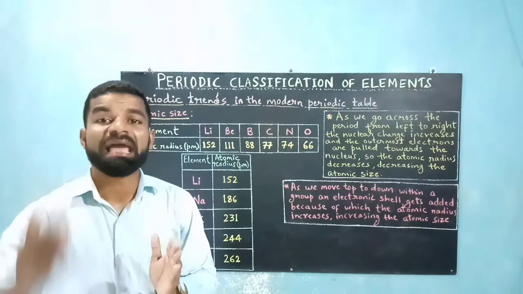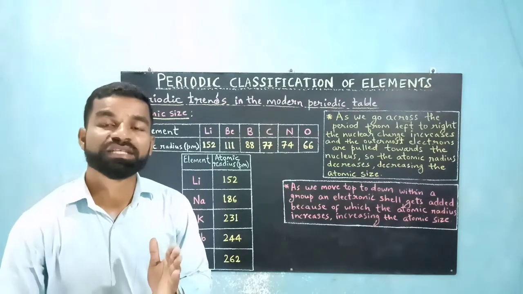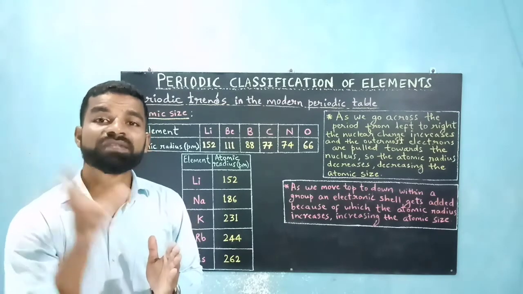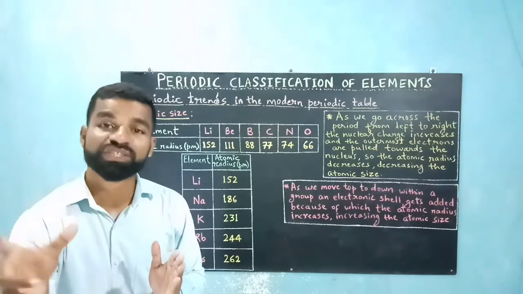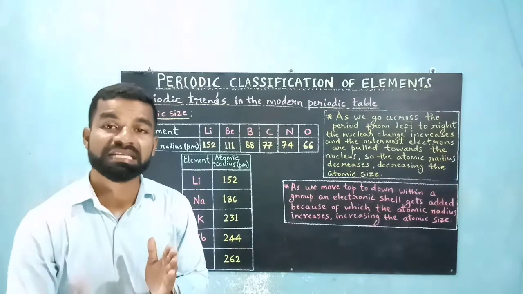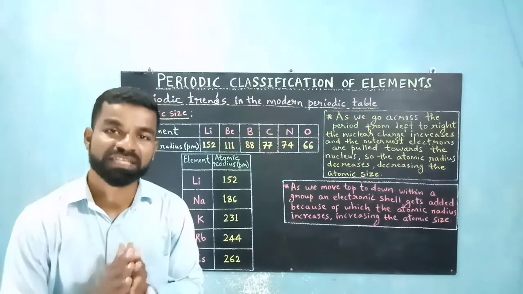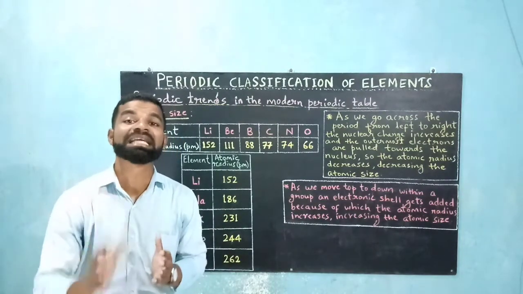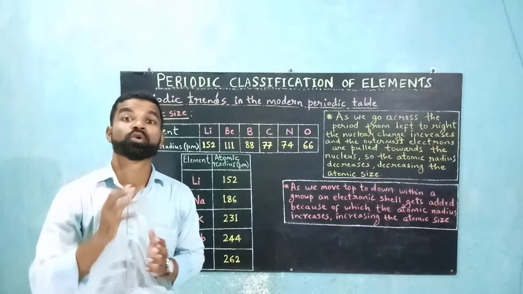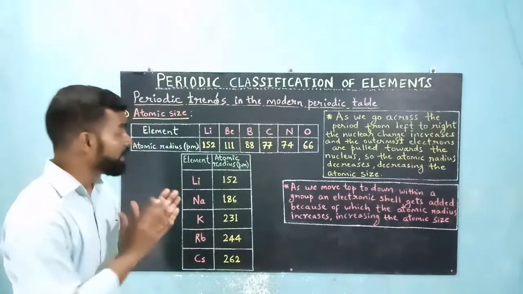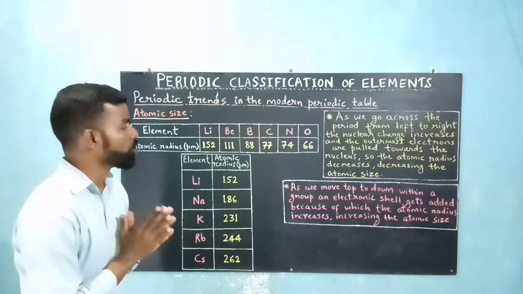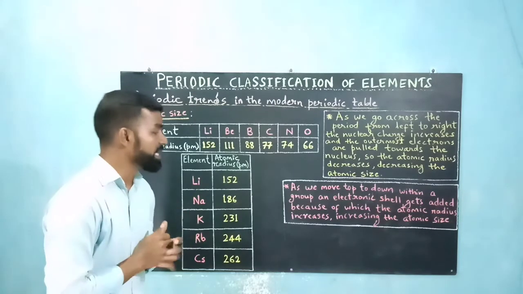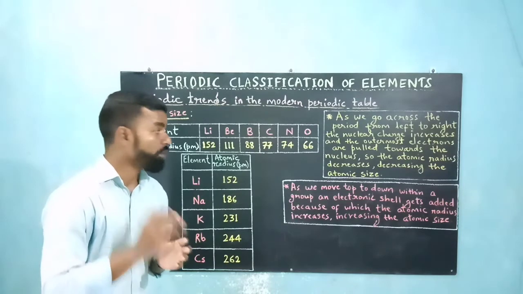But because an extra electronic shell is added at every stage, the distance of the outermost electron or the outermost shell from the nucleus increases by a greater extent. So this is the exact reason why the atomic size increases as we move from top to bottom in a group. As we move from top to bottom within a group, an electronic shell gets added, because of which the atomic radius increases, increasing the atomic size.